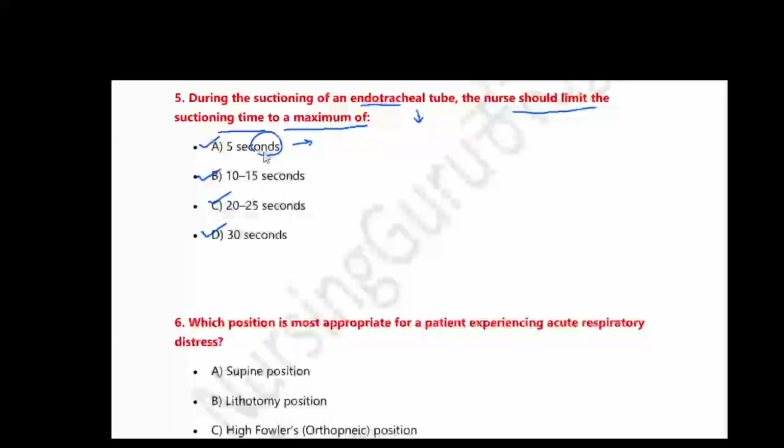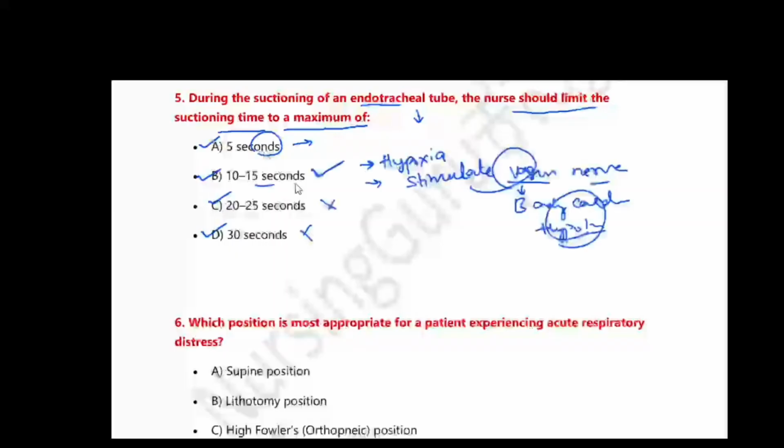To prevent bradycardia and hypotension, to prevent the stimulation of the vagus nerve, we should not do suctioning for more than 15 seconds. And this is wrong. If you are doing less than 5 seconds, again the secretions are not completely removed. Hence 10 to 15 seconds is the correct answer.